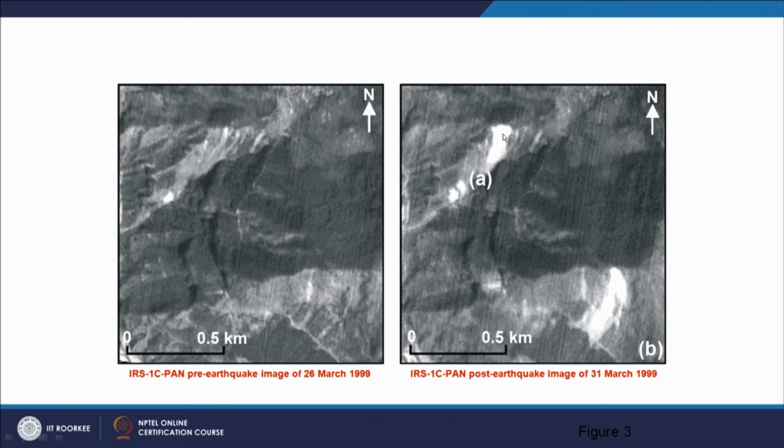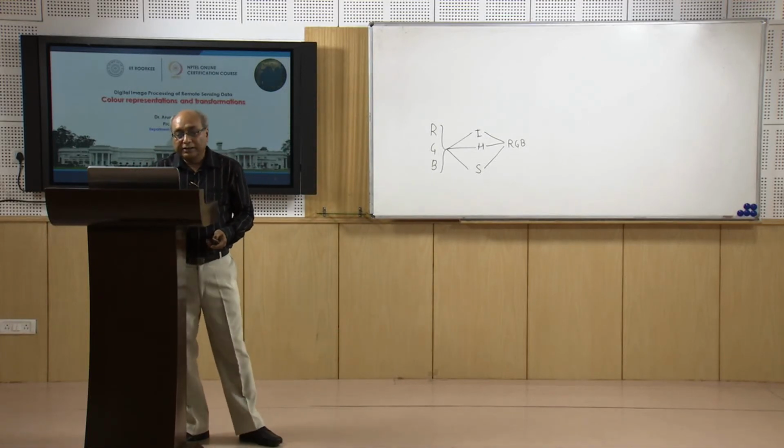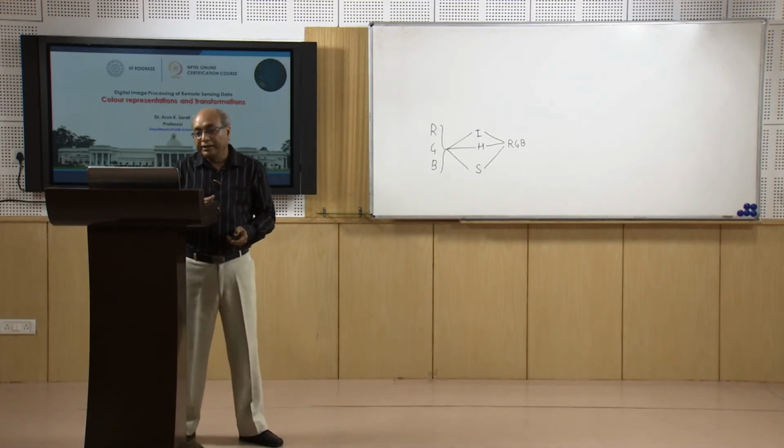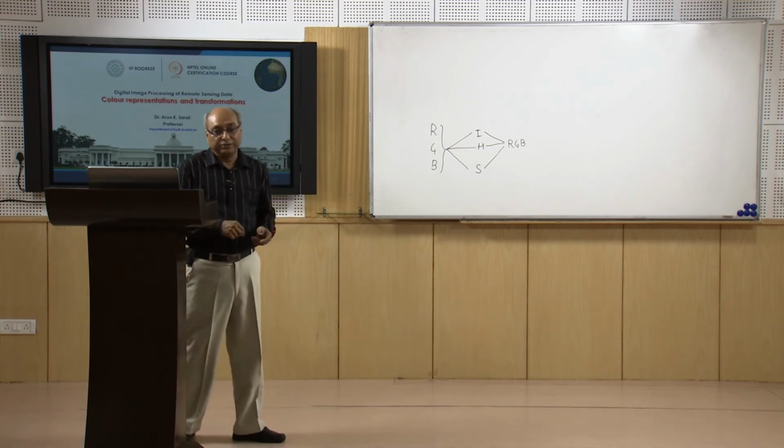As you can see very well, there were already some signs of slope failure, and then in between the earthquake occurred. After that an image was acquired, and when you create this pseudo color transform image, not a truly false color composite or a map merged image kind of thing, this is pseudo color, a new name given by us, a pseudo color image can be created which will tell you where changes have occurred between these 2 dates.